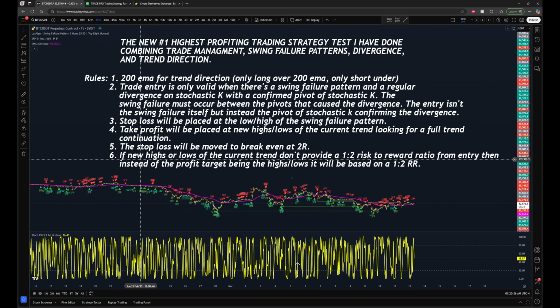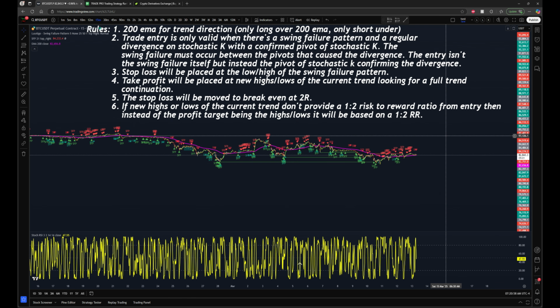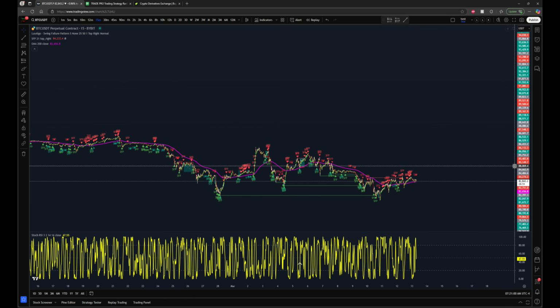If new highs or lows of the current trend don't provide a 1-to-2 risk to reward ratio from entry, then instead of the profit target being at the highs or lows, it will be based on just a 1-to-2 risk to reward ratio. That doesn't happen very often, just a couple of times, and it's just to ensure we have a decent risk to reward ratio. Most of them are much higher than 1-to-2, targeting just the highs or lows for a trend continuation move.